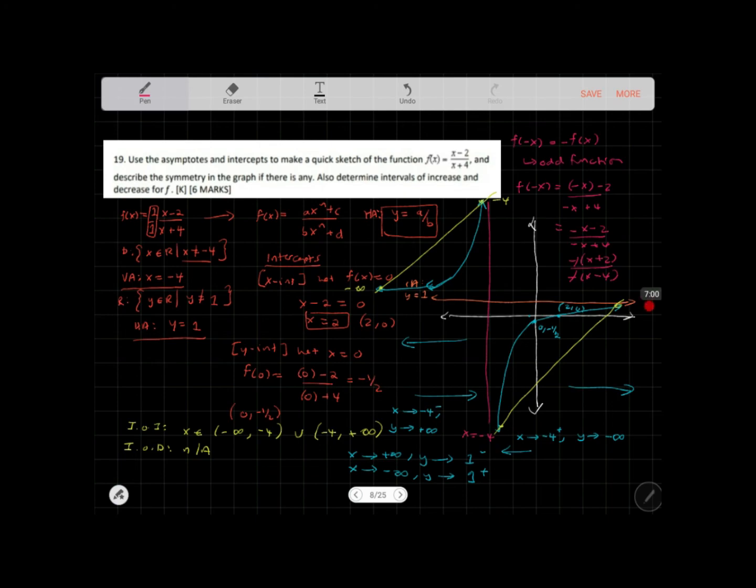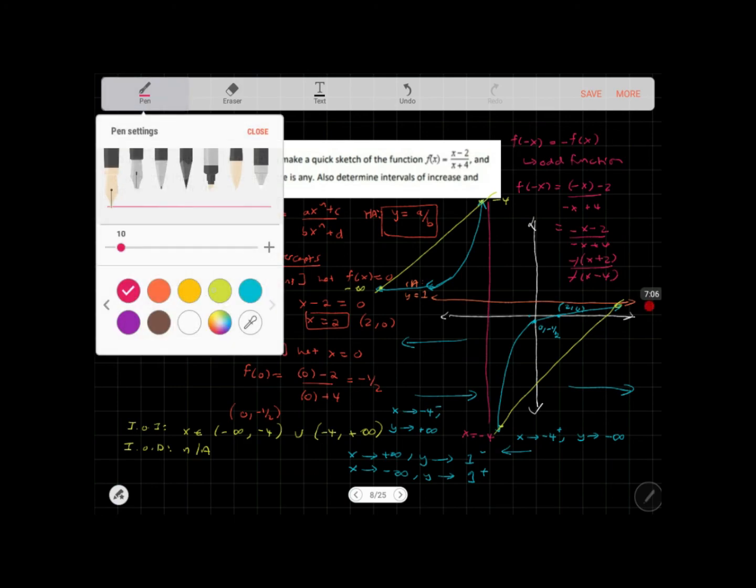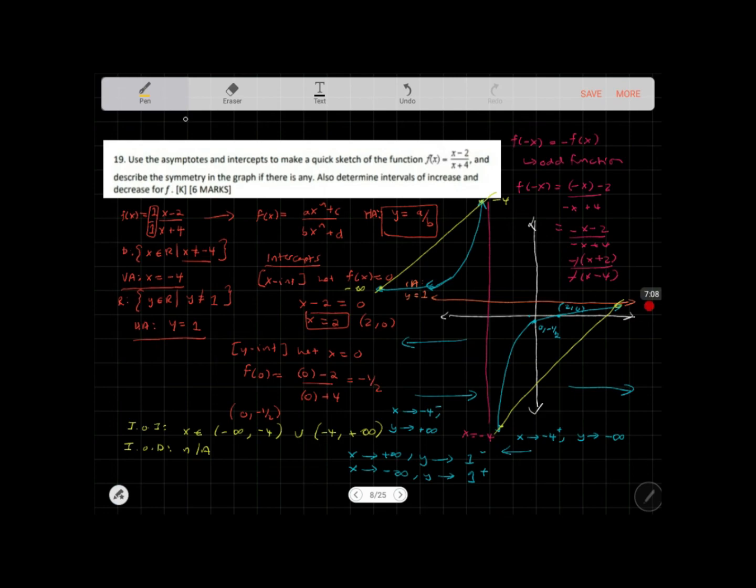And you can notice here that this isn't an odd function, because negative f of x, which I'll do out here, is basically negative x minus 2 over x plus 4, which is x plus 2 over x plus 4, not x minus 4.